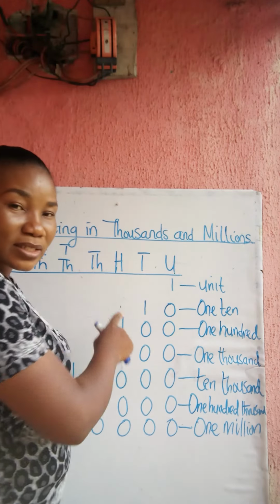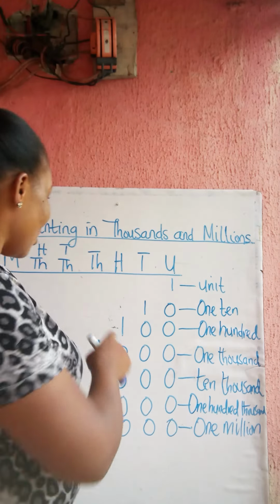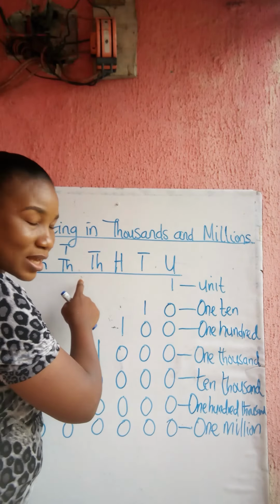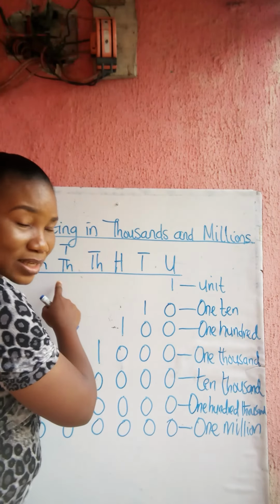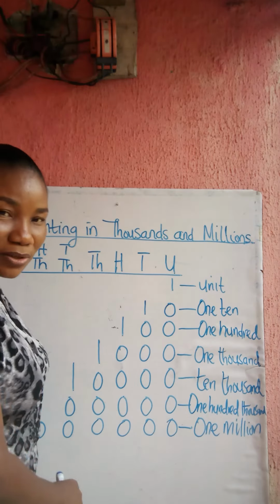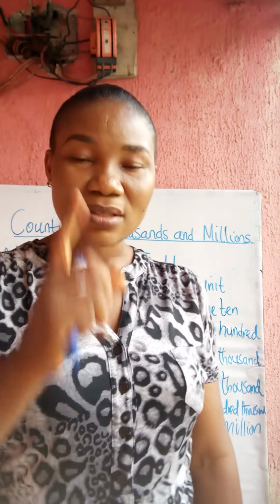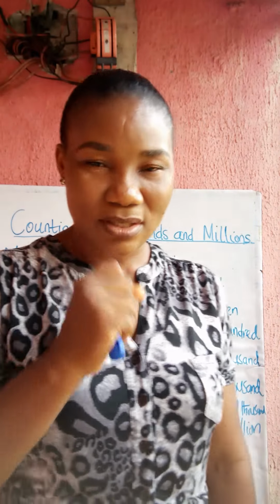Then next is our thousand, followed by 10,000, 100,000, and million. Another way to count and write large numbers effectively is knowing the number of digits that makes up each number name. For our unit, just one digit.